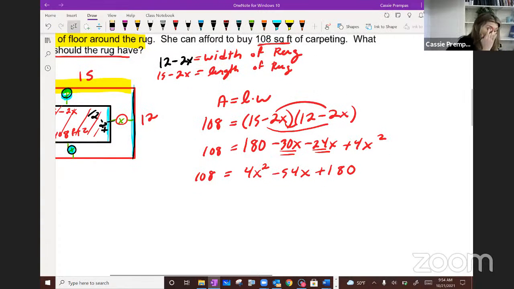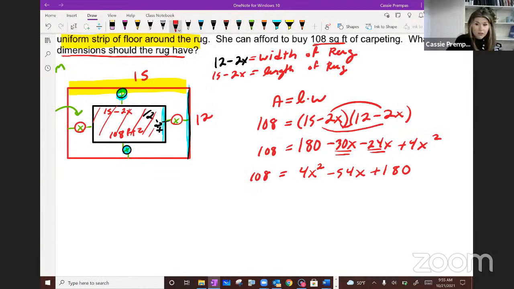Now, in quadratics, you can use the quadratic formula. You could solve by completing the square here, but I'm going to do the first step and set it equal to 0. My favorite solving method is factoring, if possible. As I think about the dimensions of x, I would think it's going to be a rational number, because typically we have a uniform strip of 1 or 1.5.